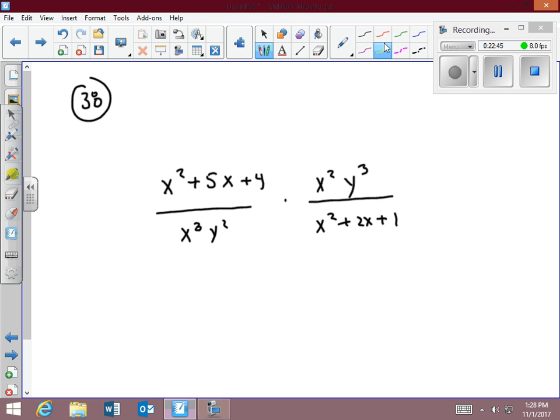Now if I put those in the numerator and denominator, I can put my line straight through, right? But I better bracket this, and bracket this. Same thing in the denominator, I better bracket this and bracket this. Now technically, this wouldn't have to be bracketed, nor would that, but just to be consistent with the way you're doing it.